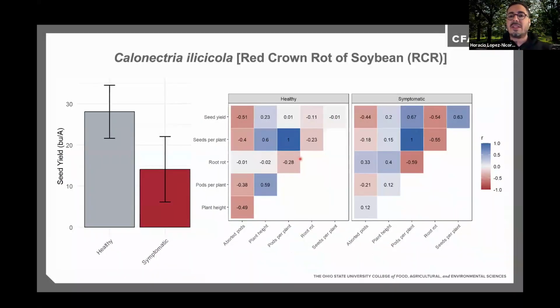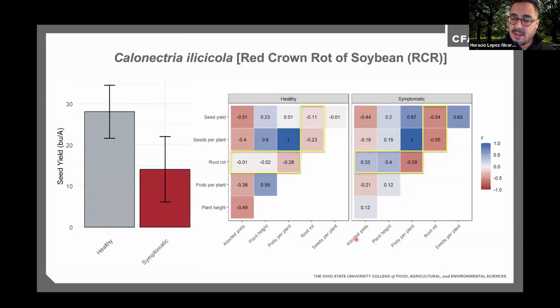We're trying to understand what exactly the fungus is doing, looking at all the agronomic components here. We can see that the root rot is significantly reducing seeds per plant and seed yield, and is very positively related to aborted pods. So really, that root rotting of this pathogen, such a good root rotter, is impressive.